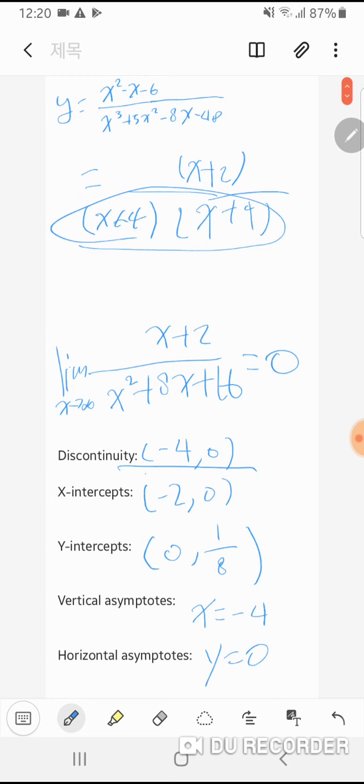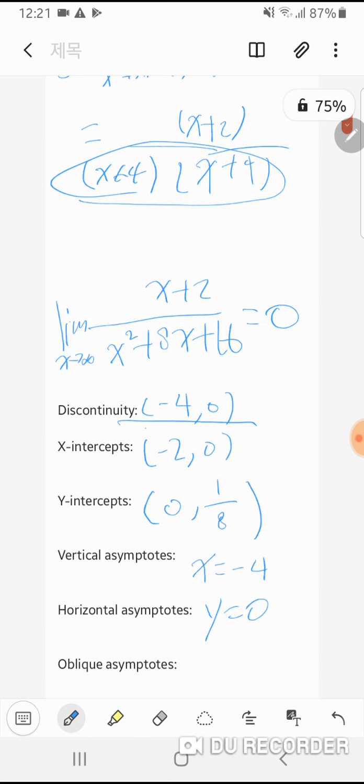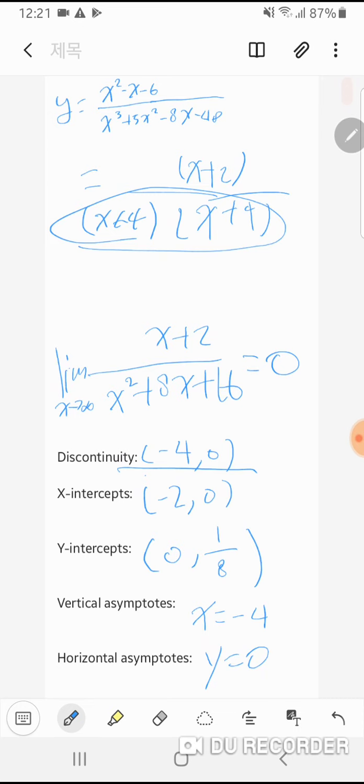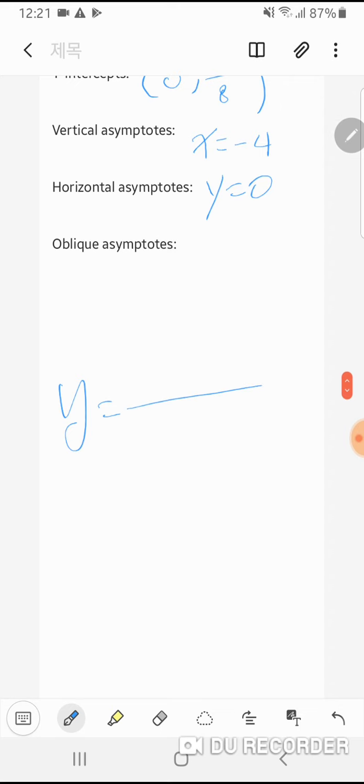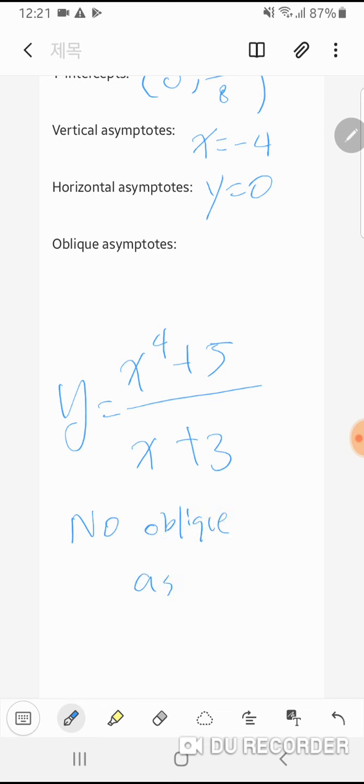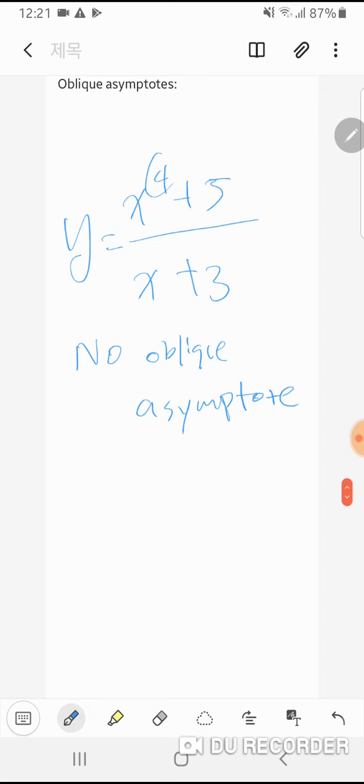Here the denominator is greater than the numerator, so we can't get an oblique asymptote.